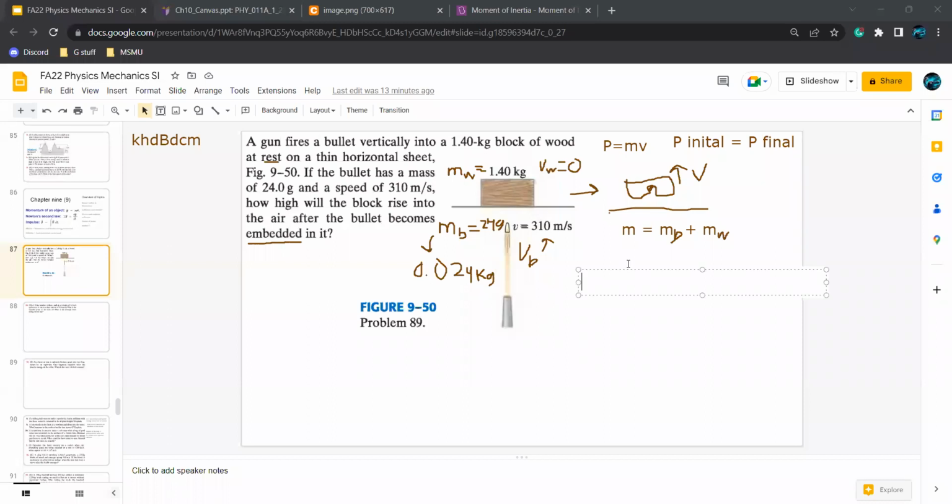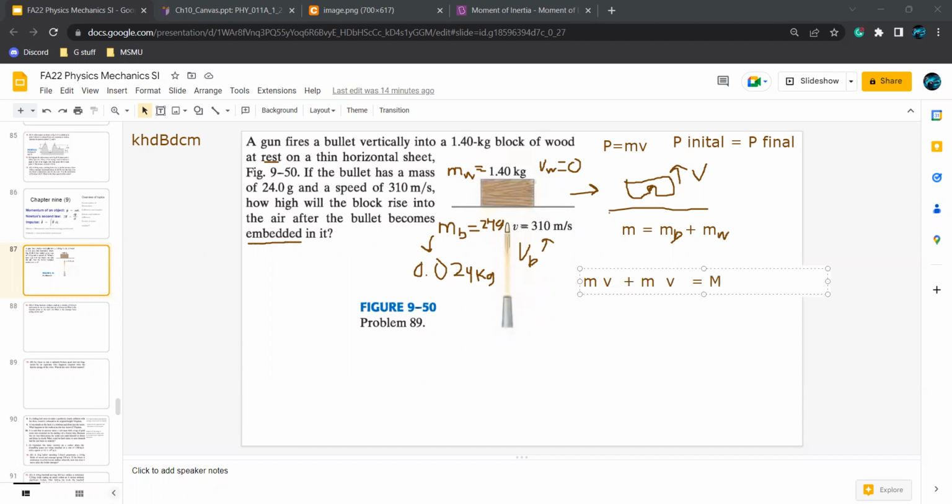So then, what do we have in our initial side, right? We have the mass of the wood times V of the wood plus the mass of the bullet times V of the bullet. And then it's going to equal the new mass.